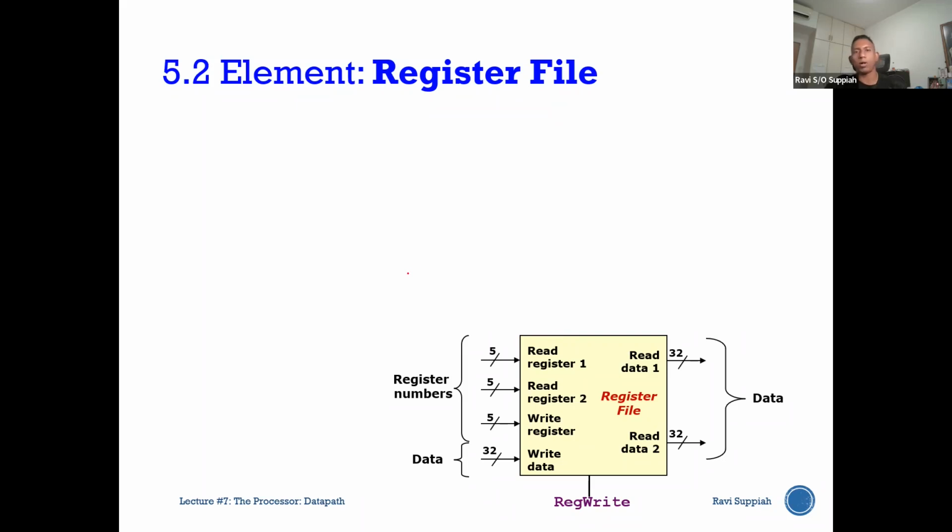If you look at all the arithmetic and logical instructions, add, subtract, shift, whatever, all the instructions require the information to be in the register. So the whole idea of the register file is to store this information for us while we are processing it.